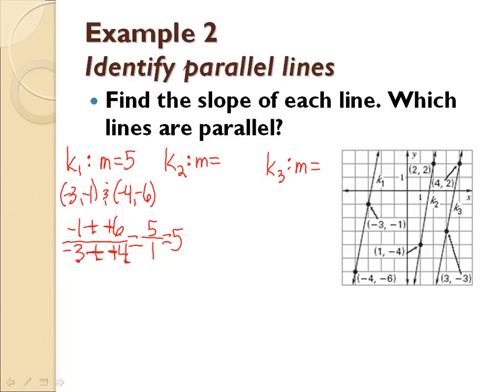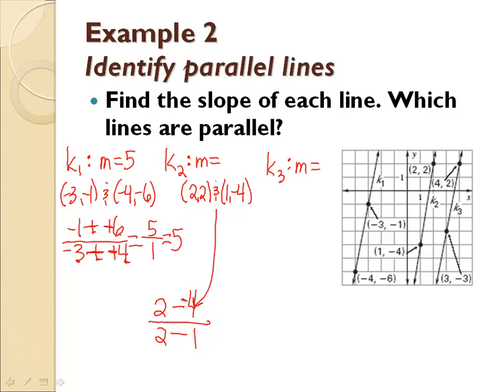My slope of K2, my 2 points for this one are (2, 2), and let's see where the other one is, (1, -4). So I'm going to find my slope down here. I'm going to draw my fraction bar and my minus signs. I'm going to say each point, (2, 2), so 2 goes on the bottom and the other 2 goes right above it. (1, -4), so 1 goes on the bottom and the -4 goes above it.